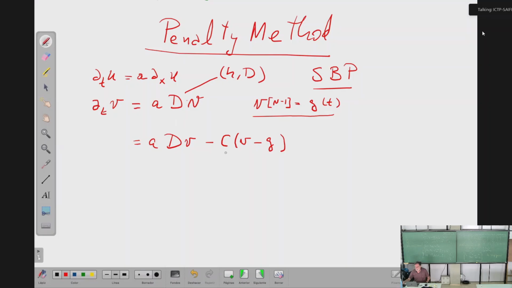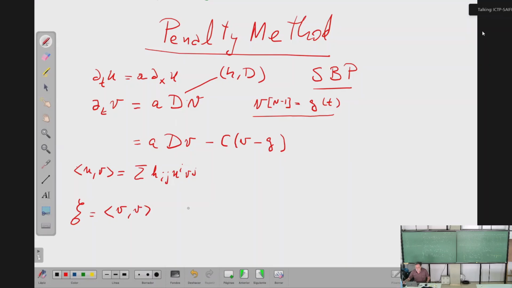But now we have to look at the stability, because we are changing the way we are doing things, okay? So now we do the energy estimate. We do the sum. Let me write things like that. So this is the sum over Hij of ui vj. Okay, so I don't have to do all the summing all the time. So the energy for this is v with v.